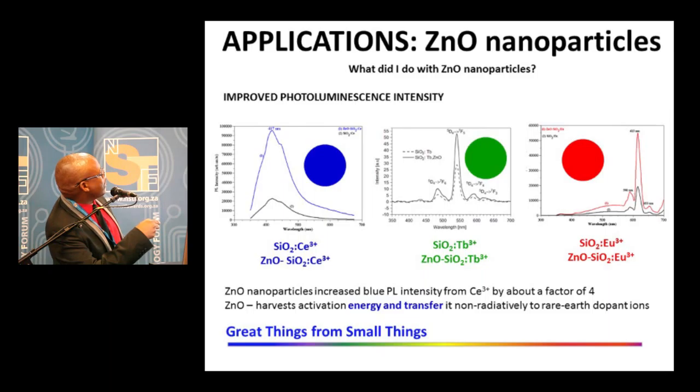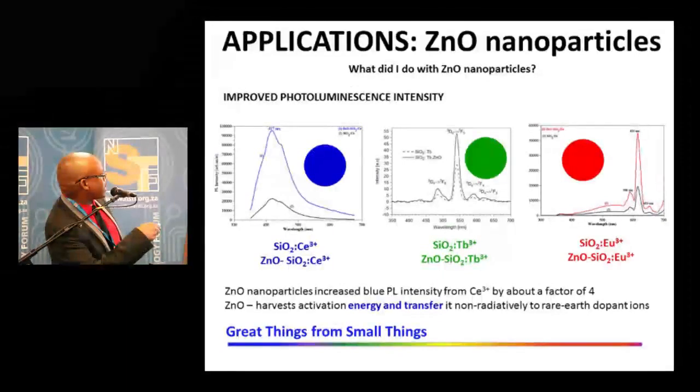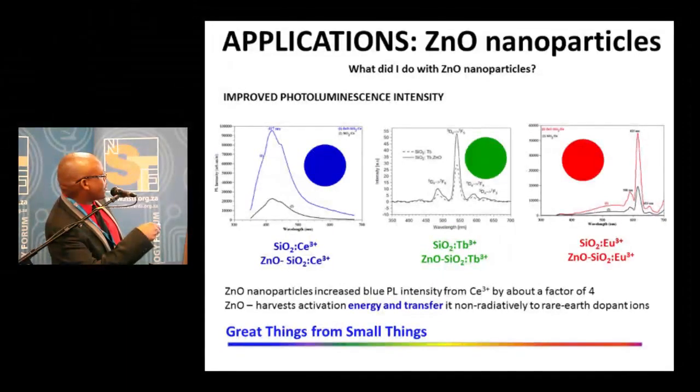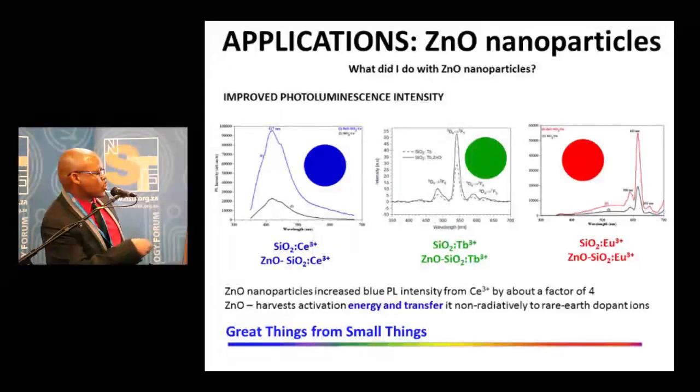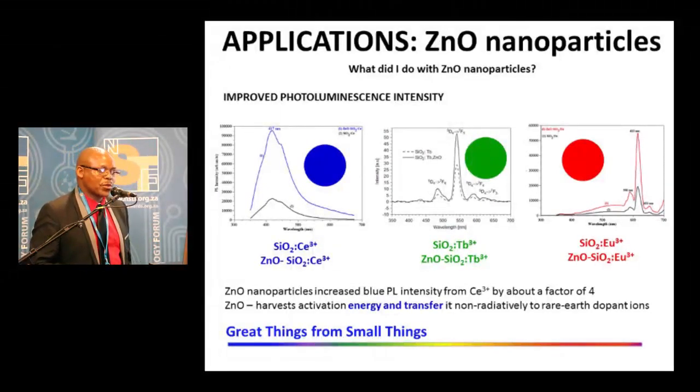It's very low compared to this material where you have incorporated zinc oxide nanoparticles. Zinc oxide serves as the sensitizer. You get energy from this transferred to cerium, and then you can enhance your material. So we are making different types of phosphors. We improve the light output, which could lead to a better performance and durability of our devices.